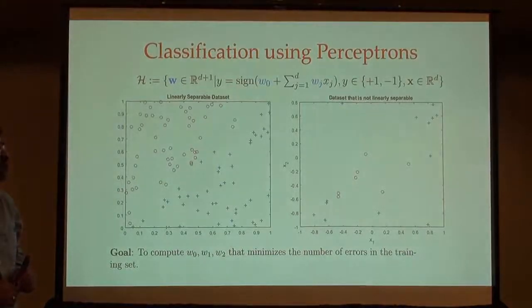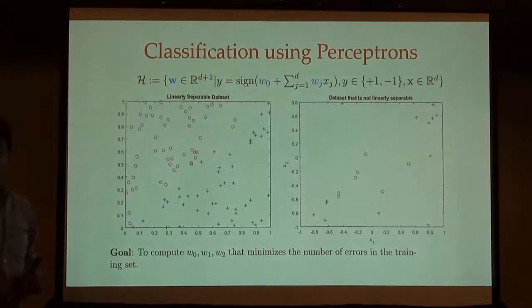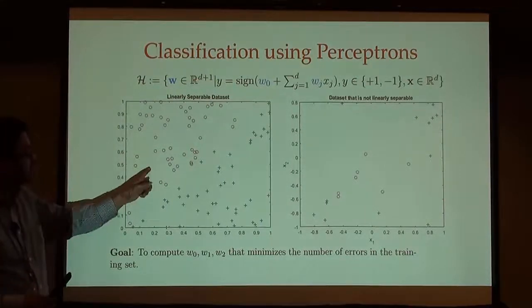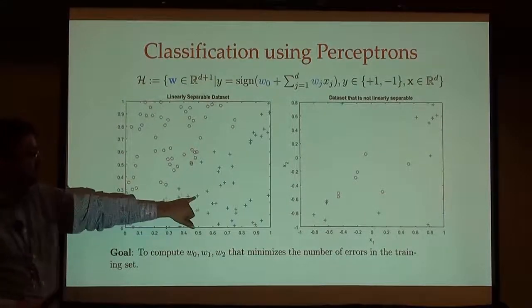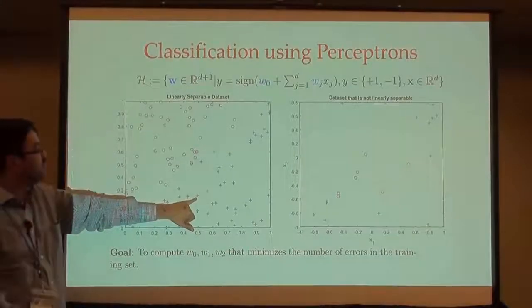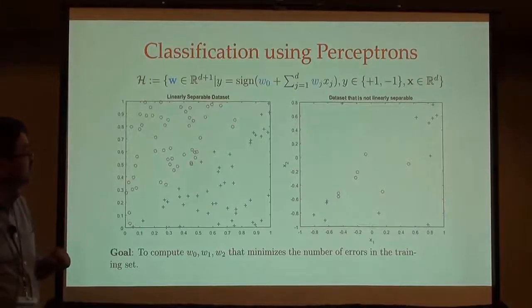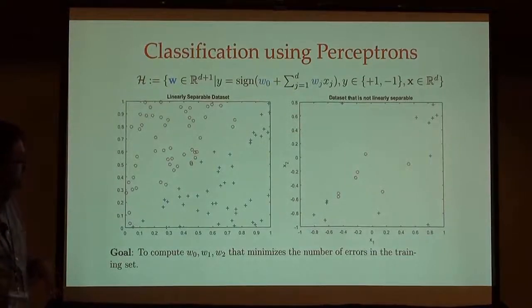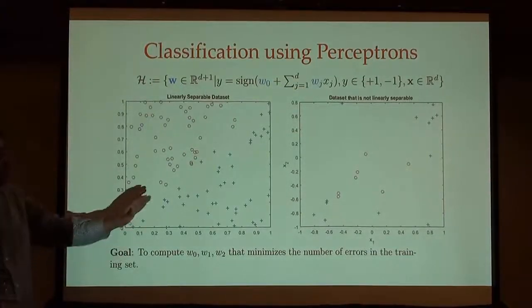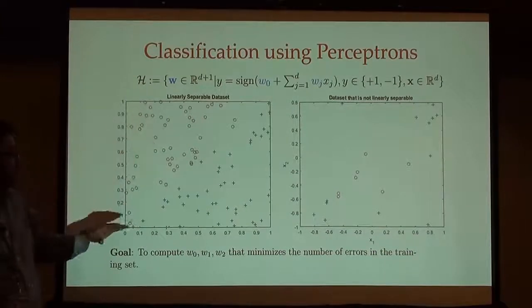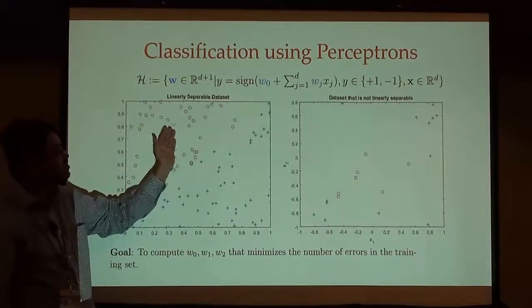Let's take two examples, and I take these two examples because I want to show you the power of using features. In this first example, the plus signs are the class, let's say +1, and the red circles are -1. What we want to do is find a classifier, essentially a straight line, that separates these two.